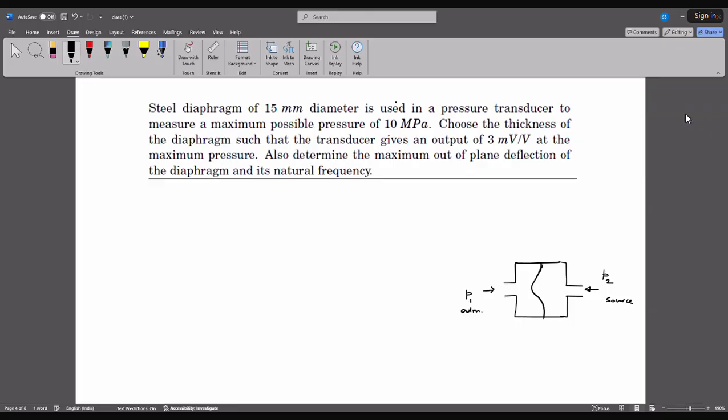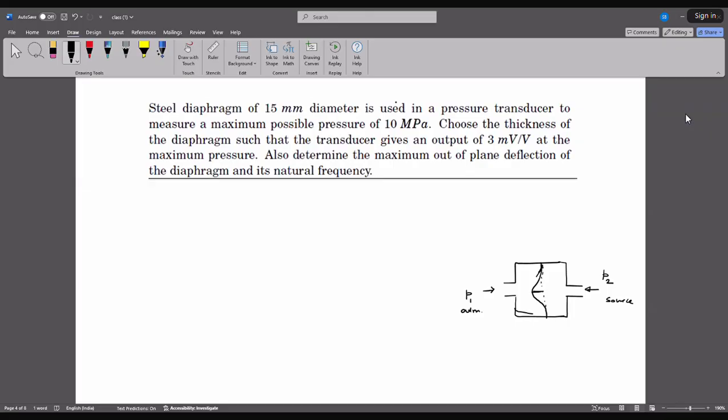And there is this diaphragm, which is initially flat, and when you expose this to a source pressure which is higher, it actually deforms. So now this deformation of this diaphragm is related to the pressure difference.